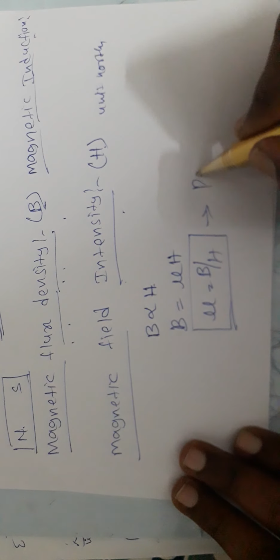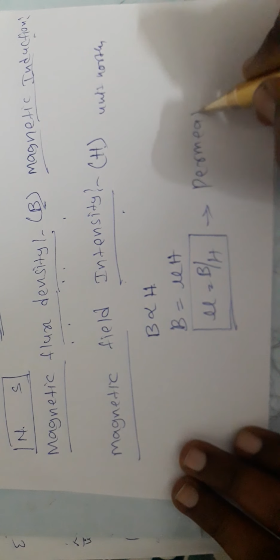Now this B is directly proportional to H. When we remove the proportionality, we get mu into H. Mu equals B by H. So this mu is called permeability.